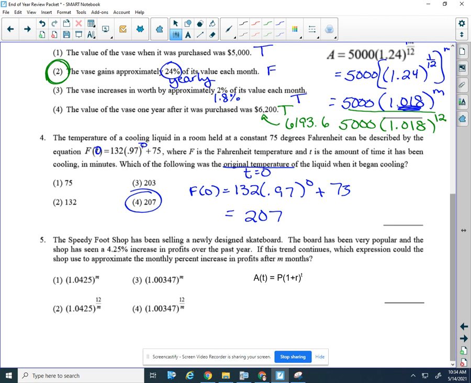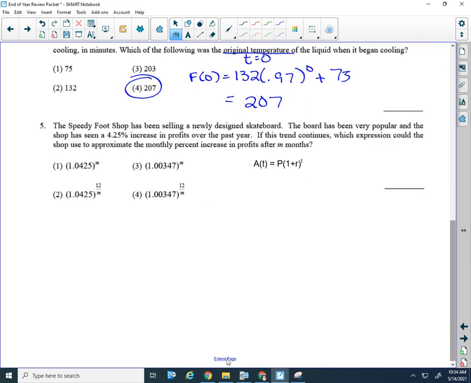Number 5, the Speedy Foot Shop has been selling a newly designed skateboard. The board has been very popular and the shop has seen a 4.25% increase in profits over the past year. If this trend continues, which expression could be used to approximate the monthly percent increase in profits after M months? For starters, we're just looking at rates, so this A and P value, we don't really care about.